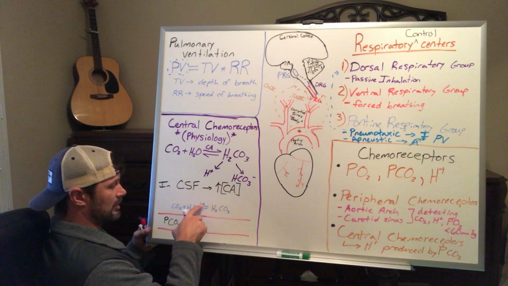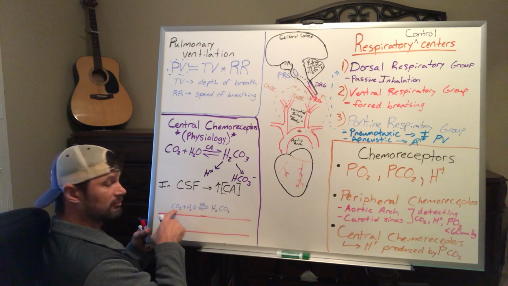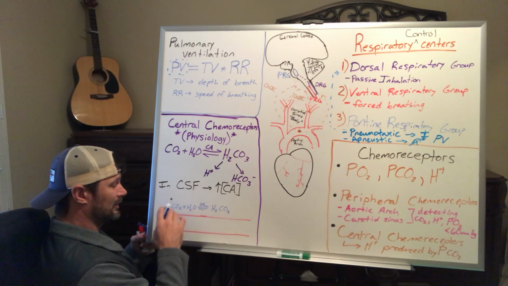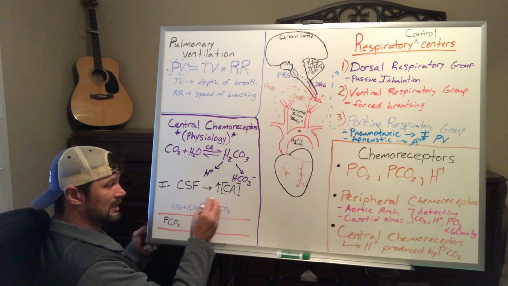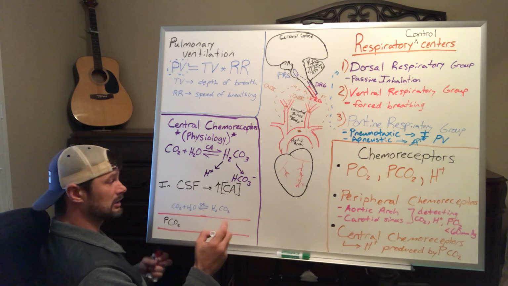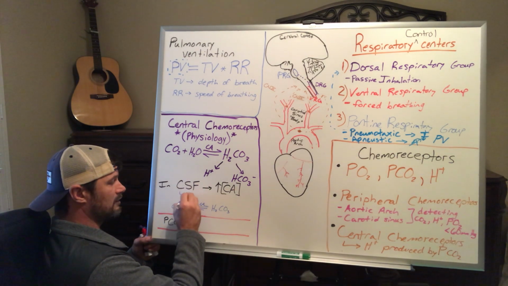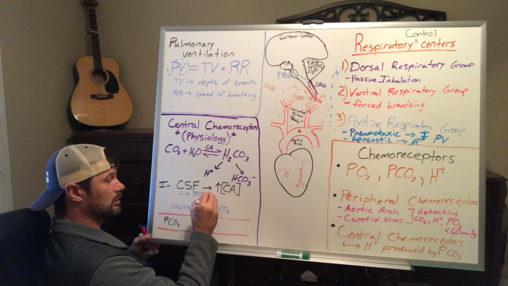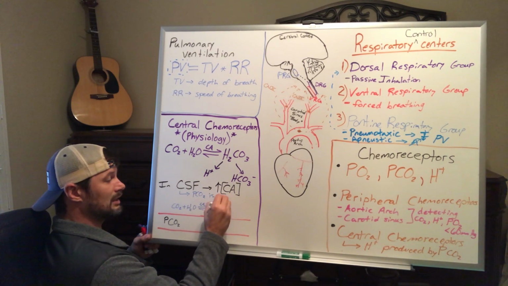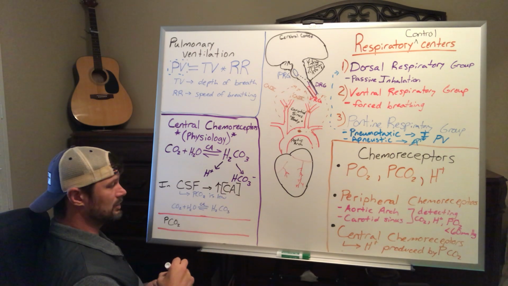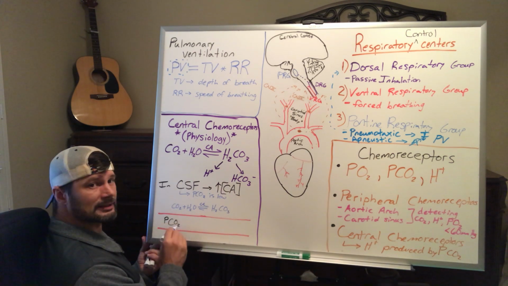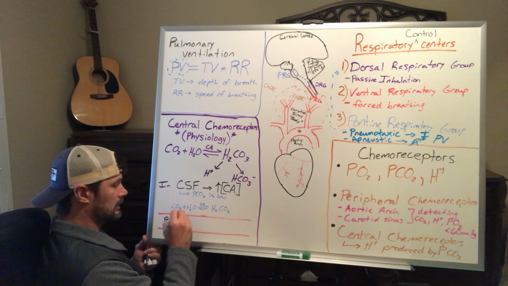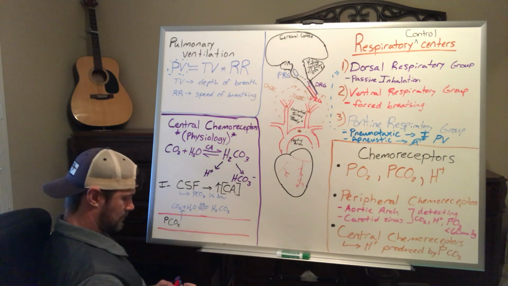And wherever we have carbonic anhydrase, we're converting CO2. Therefore, the concentration or the partial pressure of CO2 inside of something like the CSF is always low. So in CSF, the partial pressure of CO2 is low because of the presence of carbonic anhydrase. Therefore, carbon dioxide levels in the blood are going to move from the blood into the CSF.